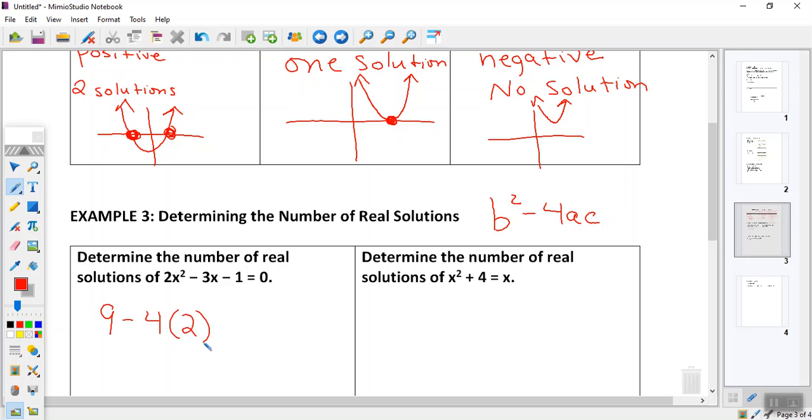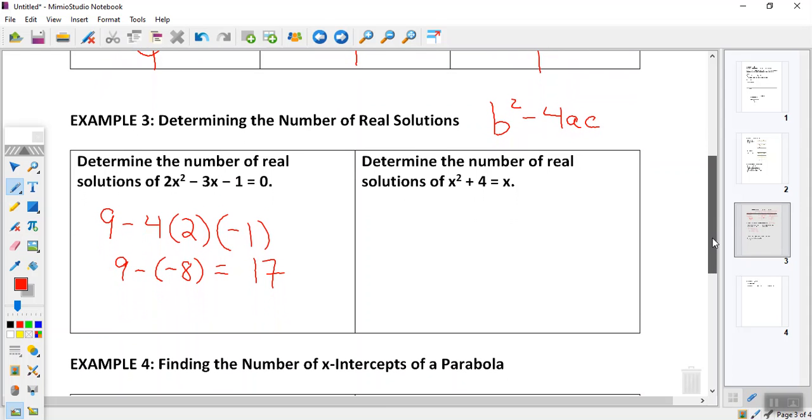So B squared would be 9 minus 4 times, what's your A value? Times C, which is negative 1. Well, you help me. What's 4 times 2, kids? 8 times negative 1 is? So isn't this 9 minus negative 8? What's that equal, kids? 17. Positive 17, right? Guys, is the discriminant a positive value, 0, or a negative value?